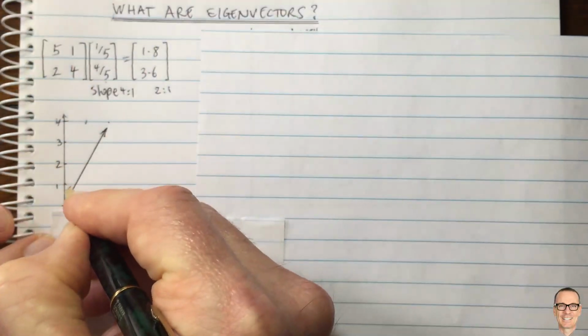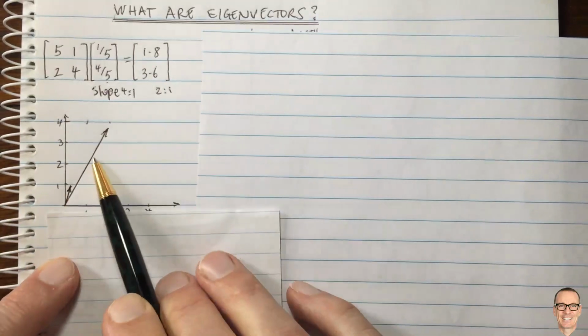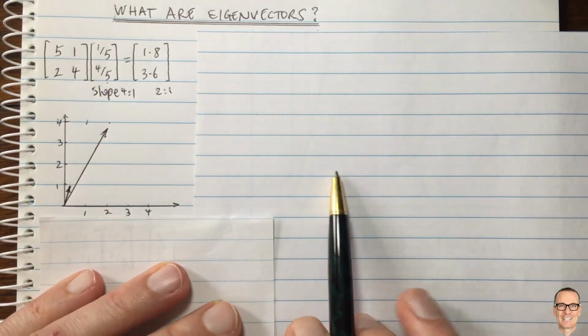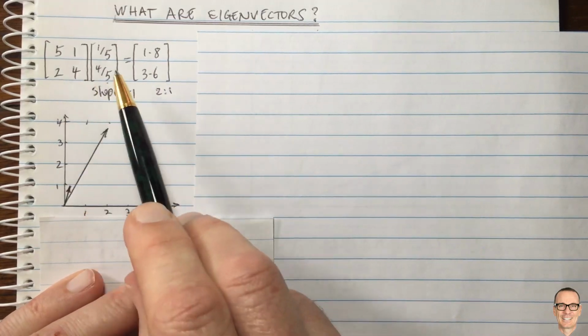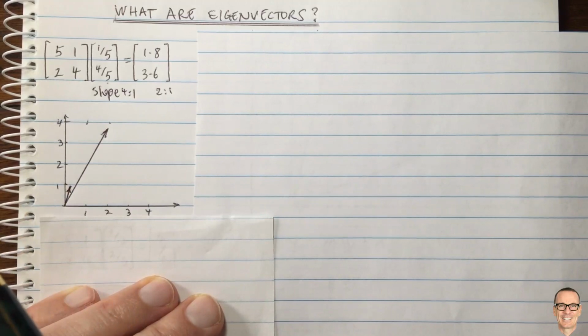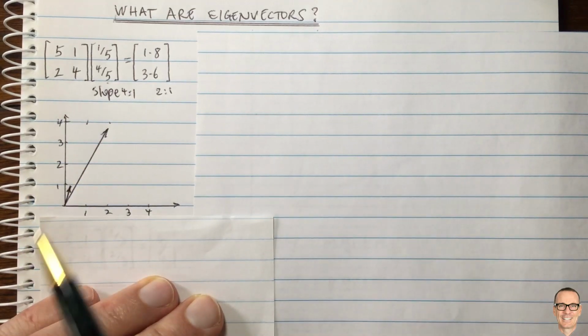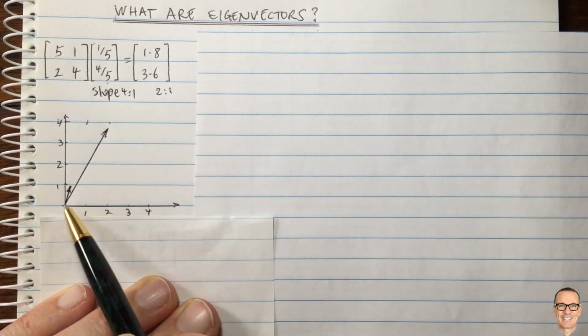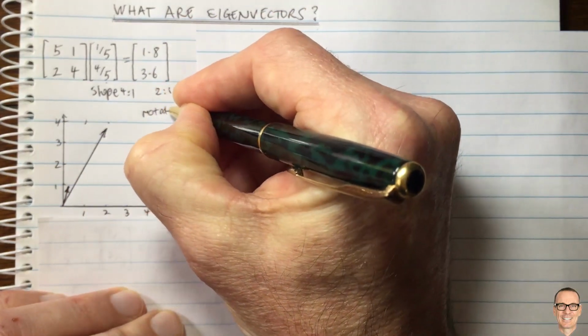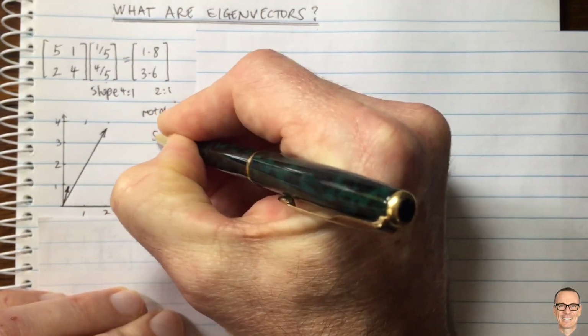It's 1/5 across and 4/5 up. So this is the input vector here, and this is the output vector here. What we can see is that this transformation on this vector has involved a rotation and a scaling. So this vector got rotated and scaled. I'm going to write that here: rotation and scaling.